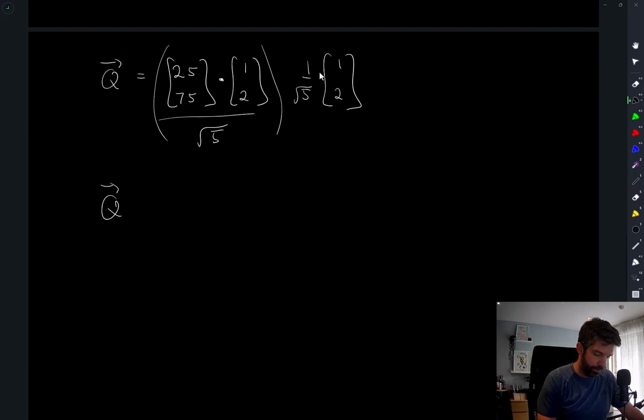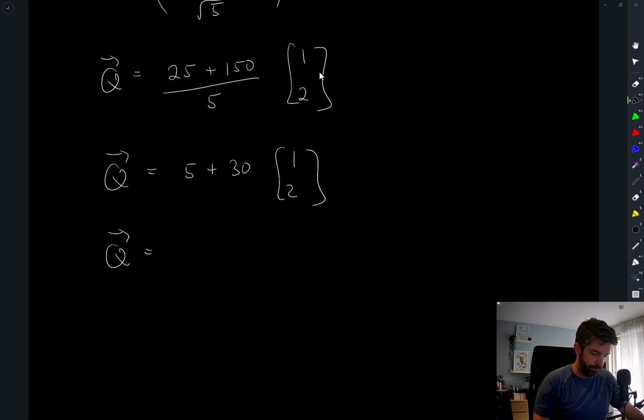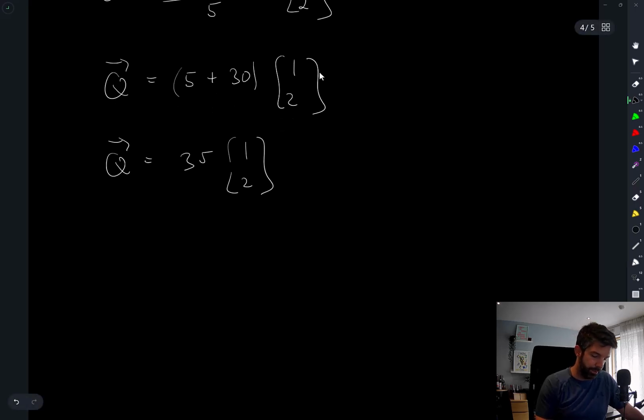Okay, so Q is equal to 25 plus 150 divided by 5 in the direction (1, 2). So Q is 5 plus 30 in the direction (1, 2). So this is 35 in the direction (1, 2). So m is equal to 35 gets us to the point we want, which is (35, 70).